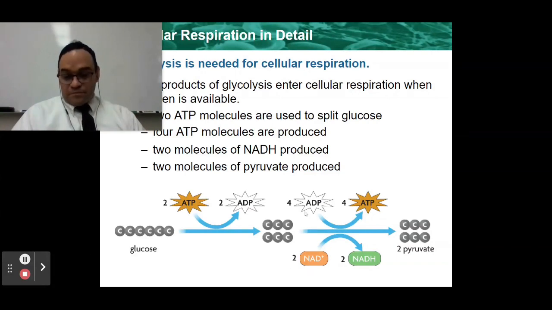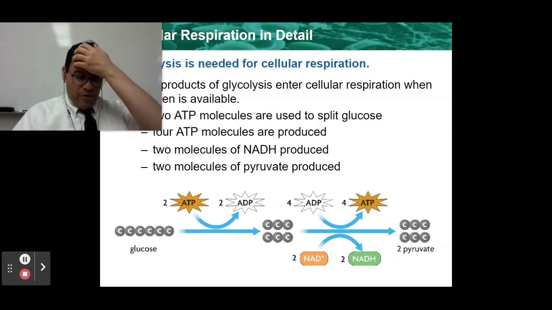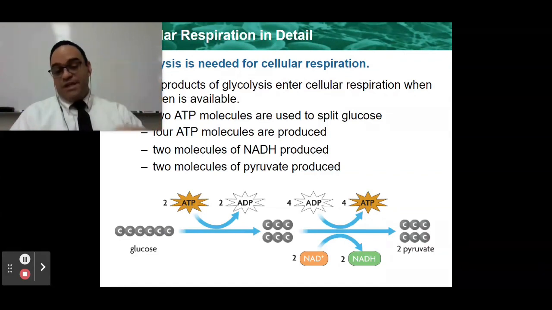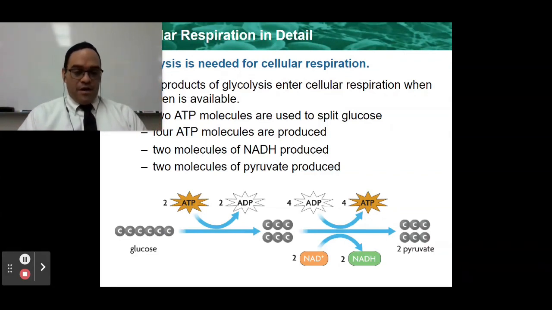And so if I spend $2 and I get back $4, four minus two is plus two. And then two NADHs get their electrons reset, and those two NADHs with the electrons are gained, and I can use those electrons later on.